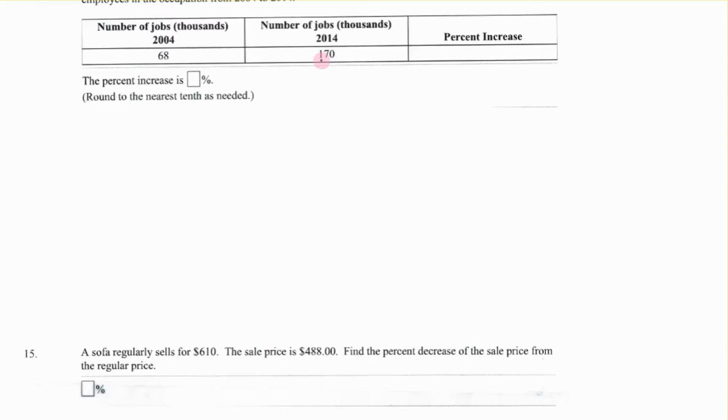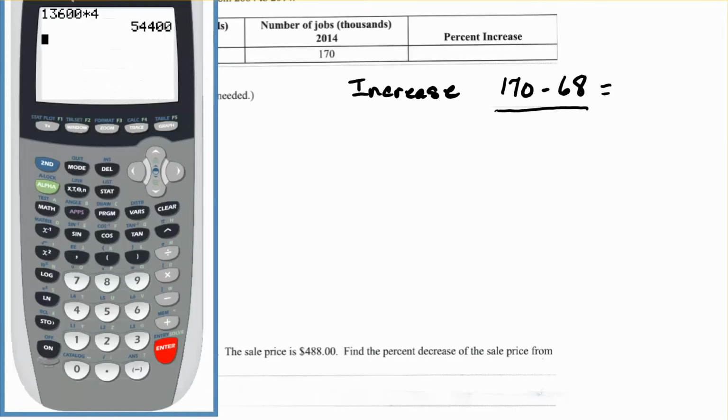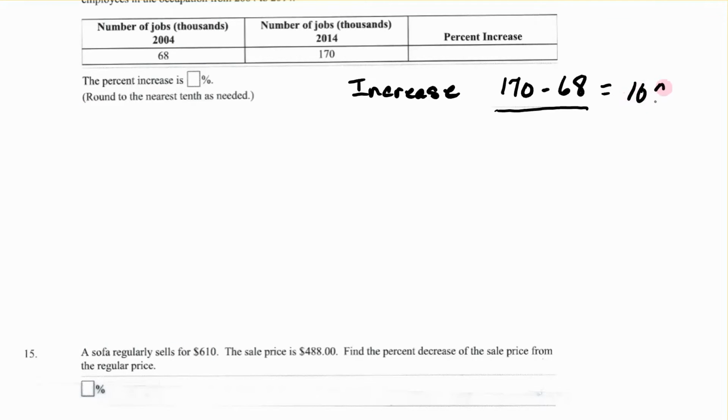All right, now the amount of increase is the big one minus the little one, 170 minus 68. And that gives me 102.